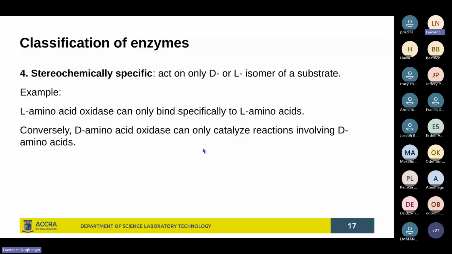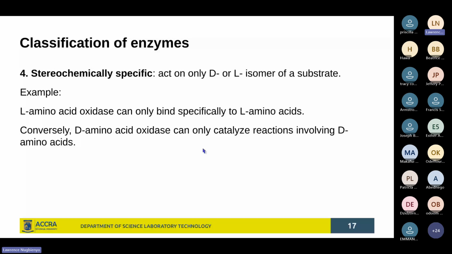In some cases, there are enzymes like D-amino acid oxidase that can participate in the metabolism of such amino acids.